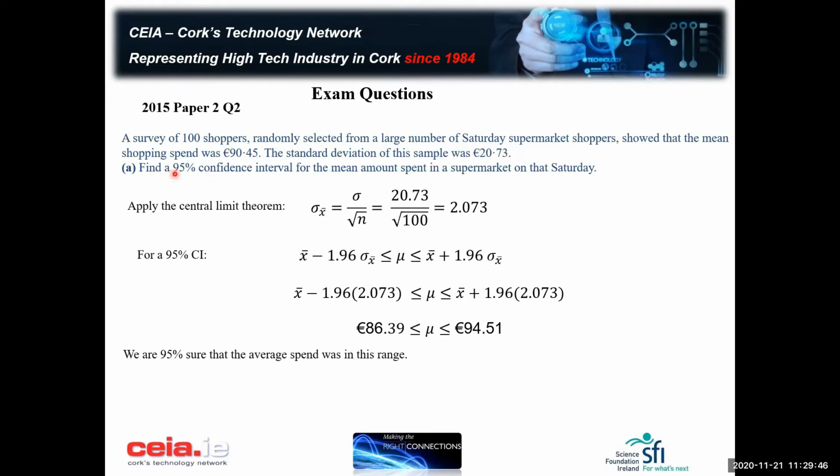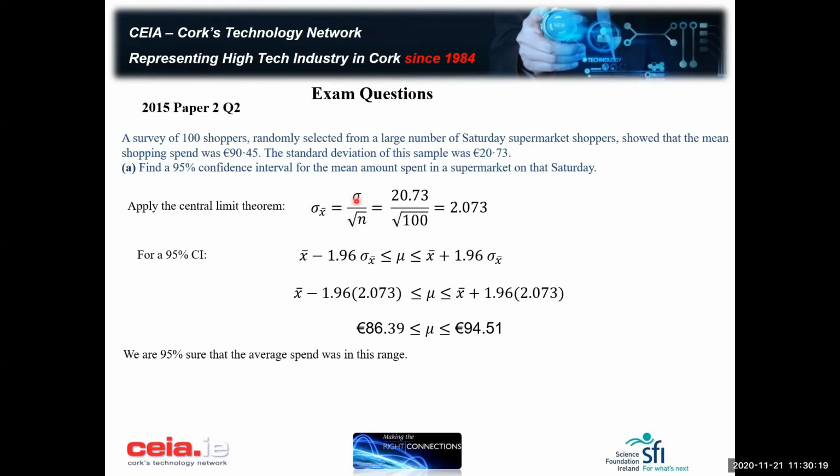So you want to find a 95% confidence interval for the mean amount spent in the supermarket on that day. Right, and because you're dealing with a sample mean here, you use the central limit theorem, which means you need to first of all work out the standard deviation of the means, which is sigma over root n.